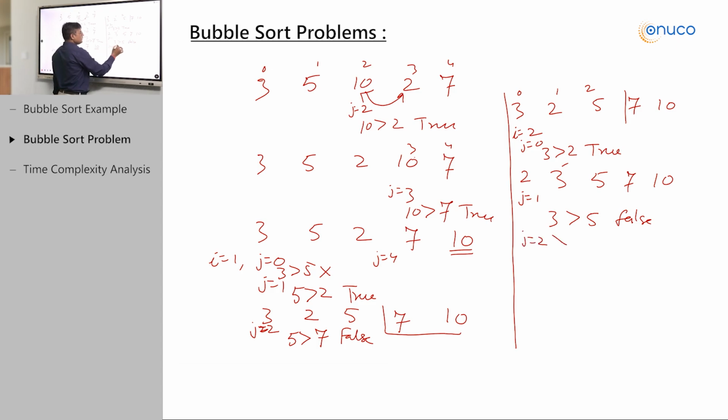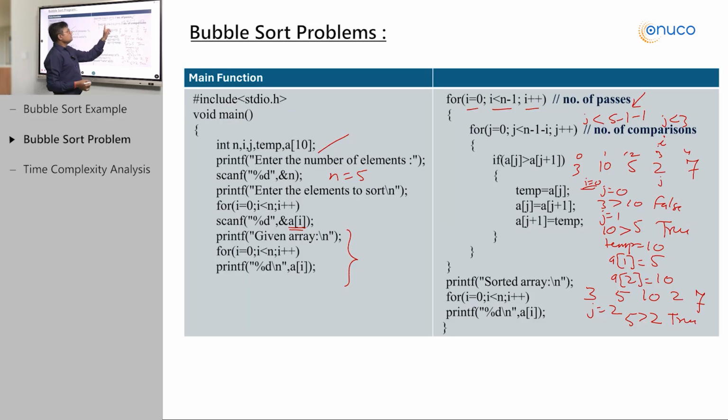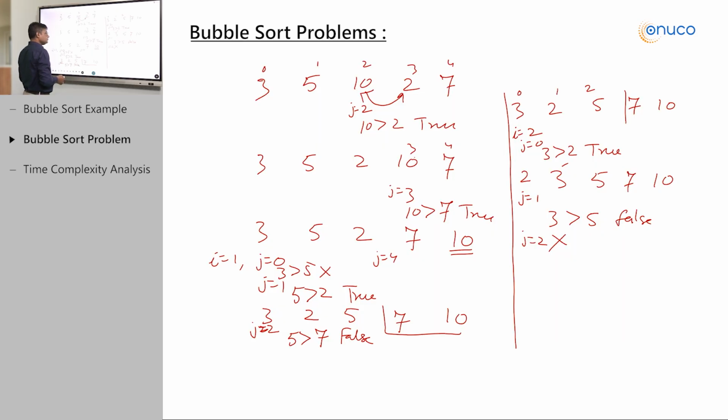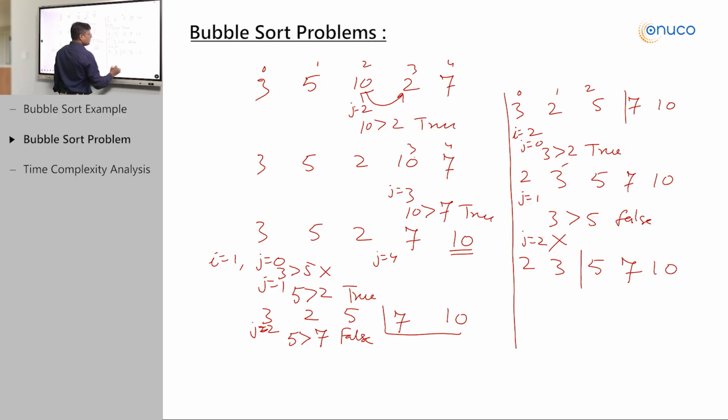J is equal to 2, condition fails because 2 is not less than 2, as per the given conditions. Hence, what will happen? The last 3 elements are already sorted.